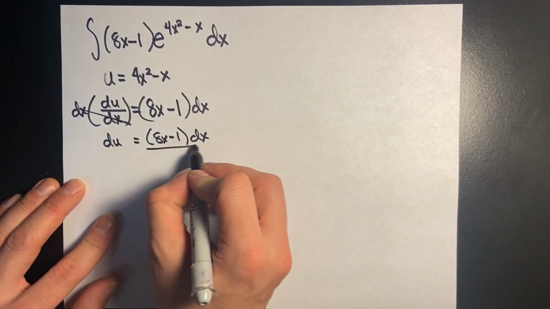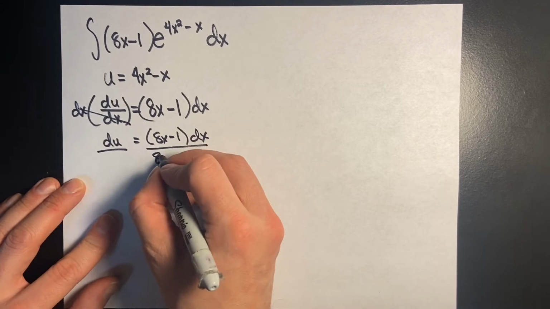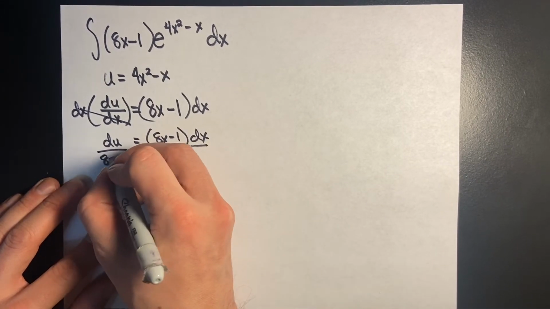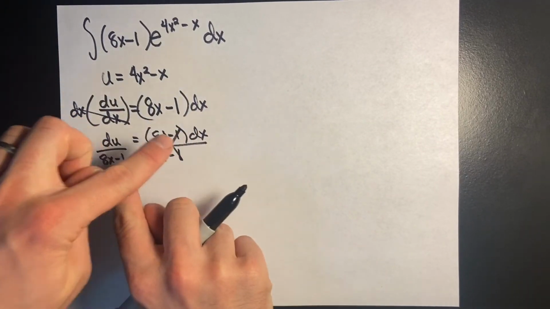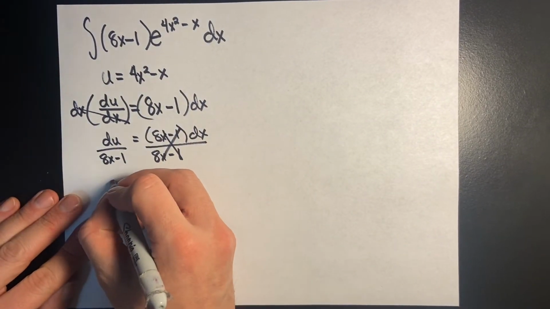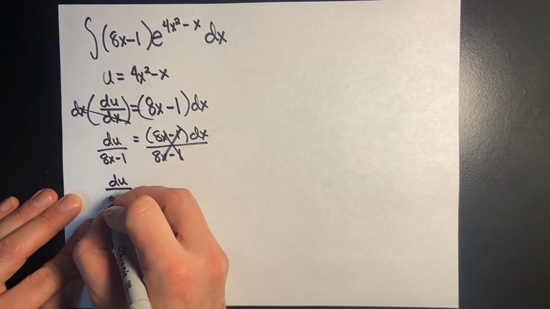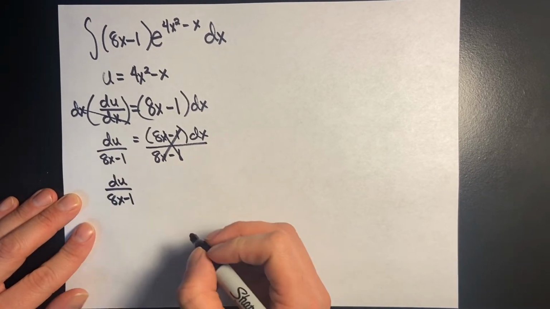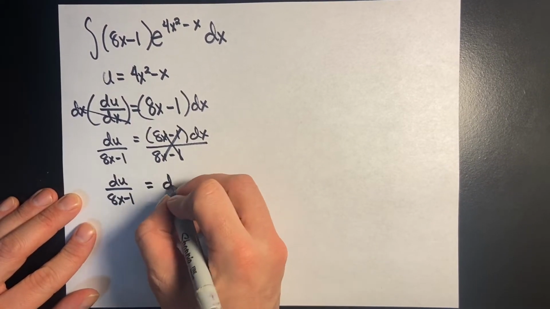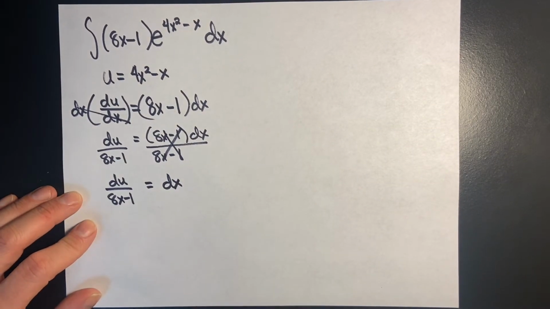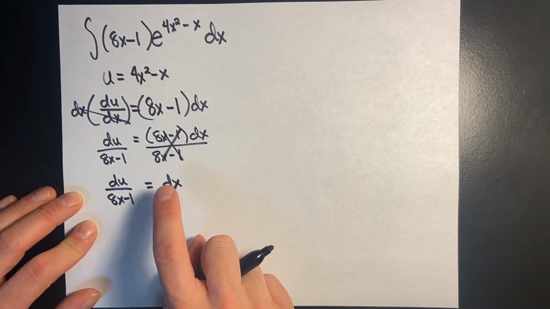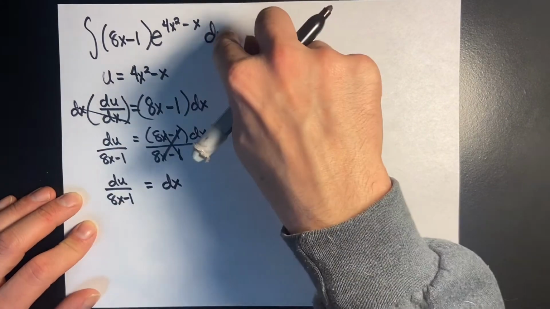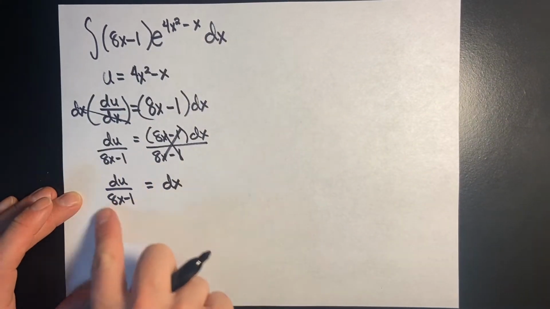Then I'm going to divide both sides by 8x minus 1. In the future, like I said, we're just going to do a swap. So what I have is du over 8x minus 1 equals dx.